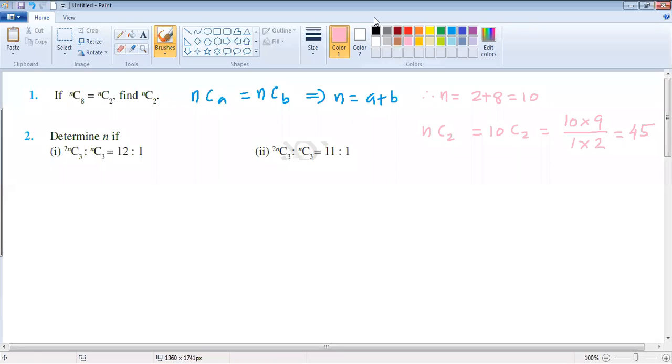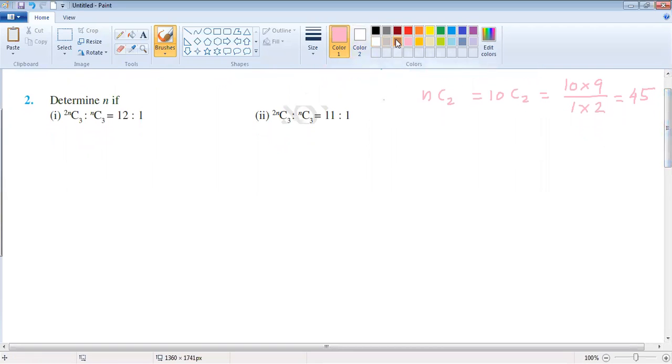Out of these 2, we'll do only 1 question. Look at the first question. 2nC3 divided by nC3 is equal to 12 upon 1.